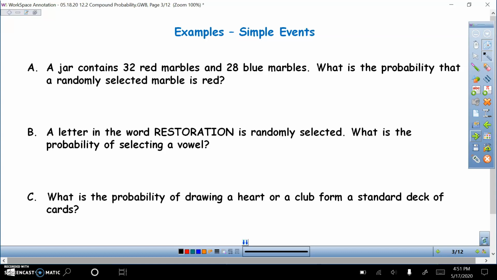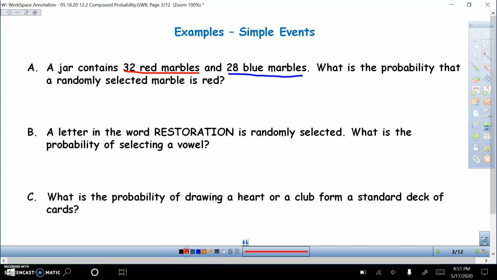So let's look at some examples. This is what's called an example of a simple event. These are the types of probabilities that tend to be very intuitive to us, that we're kind of used to thinking about. So we have a jar that contains 32 red marbles and 28 blue marbles. What is the probability that a randomly selected marble is red?